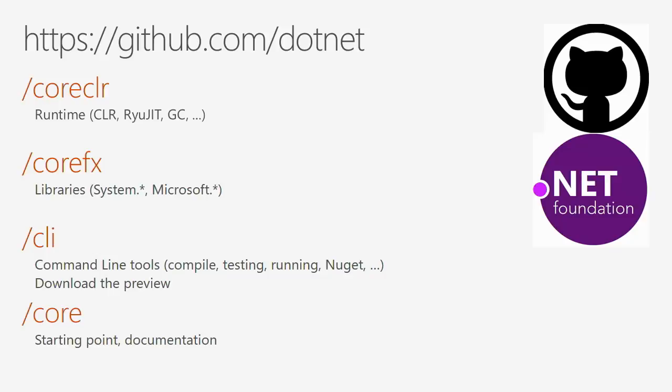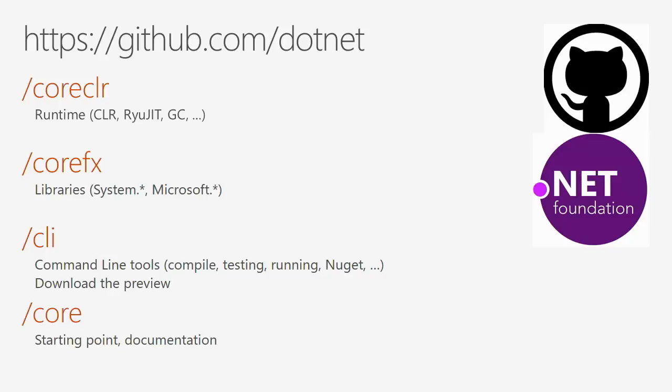The CLI, command line tools, because in .NET Core we have this command line tool called dotnet. It's an exe file, or an executable if you run on Linux, not an exe file. But anyway, executable. And you can use the same tool to create new apps, build them, compile them, run them, package them, and also to run tests.